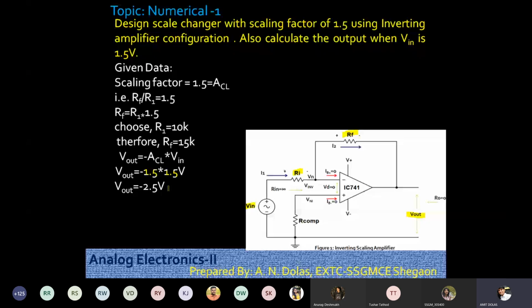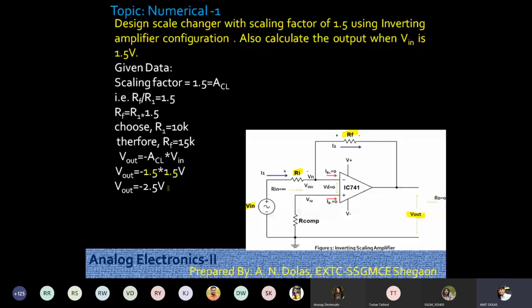Similar kinds of questions can be asked in the examination, like design a scale changer with a scaling factor of, say, 3 using inverting configuration, and also calculate output for a certain given input. What you have to remember is to check the scaling factor. Second, which mode of operation is given, that is very important.